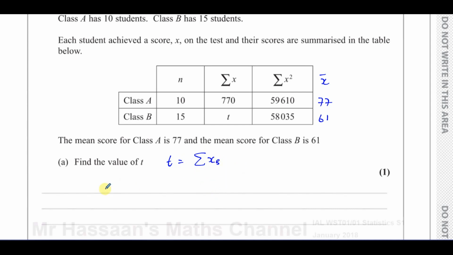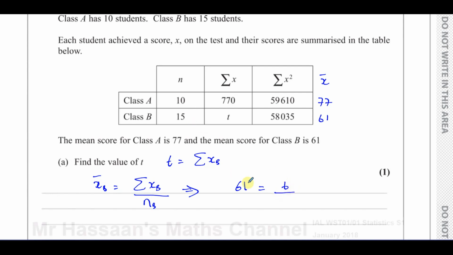Okay, so what we know is we know the number of students and we know the mean of the scores. So we know that to find the mean score, we take the sum of the scores, which is what we have to find, and divide it by the number of students in that class. So if we just apply that, we know the mean for Class B is 61. And we know the sum of the scores is T, which we're trying to find.